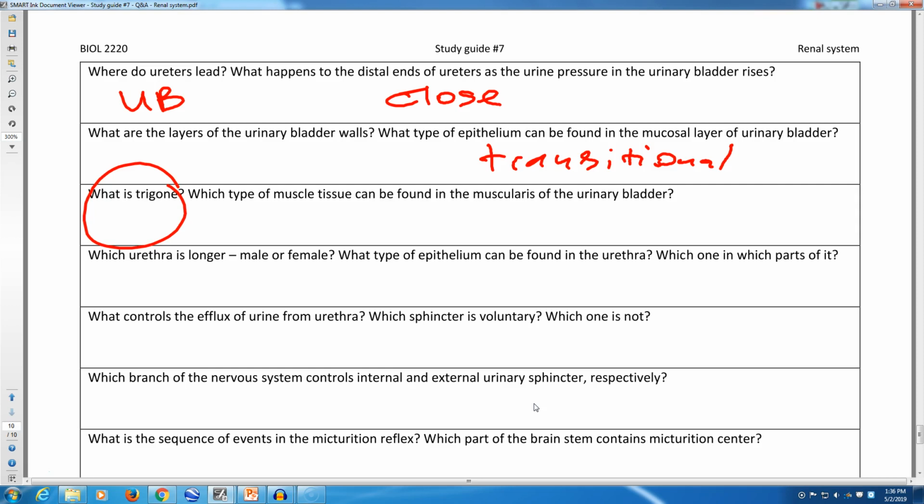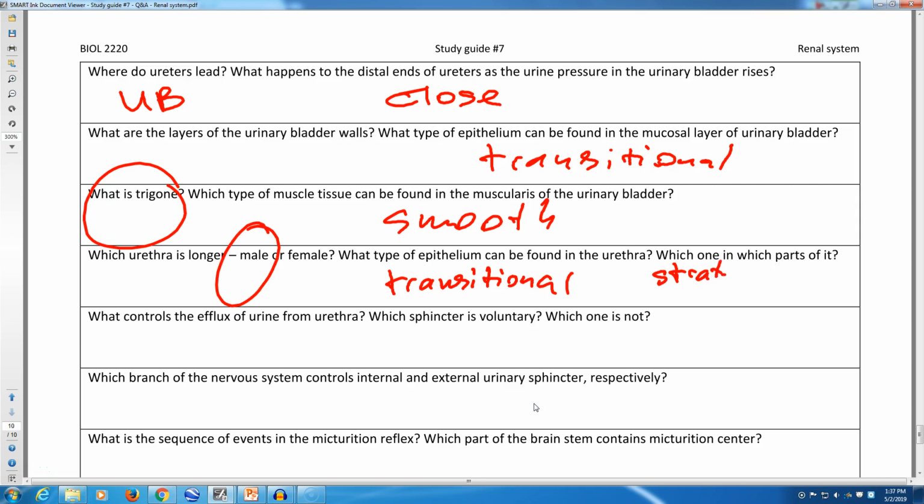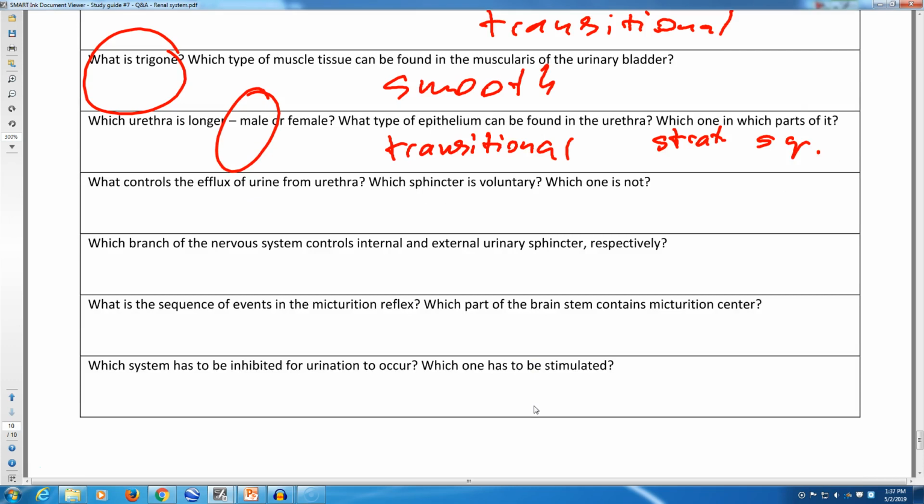Smooth muscle can be found in the muscularis of the urinary bladder. The male urethra is longer, so transitional epithelium is practically all the way from the urinary bladder, and stratified squamous close to the urethral orifice.